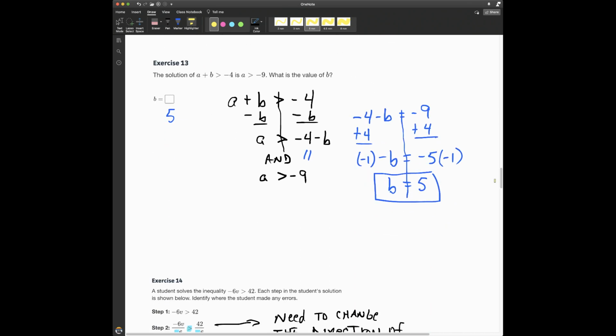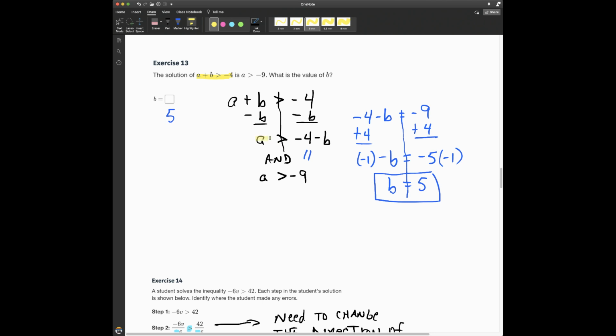For number 13, this is a two-part problem. So the solution of a plus b is greater than negative 4 is a is greater than negative 9. Okay, so I start with a plus b is greater than negative 4, and I get a by itself.